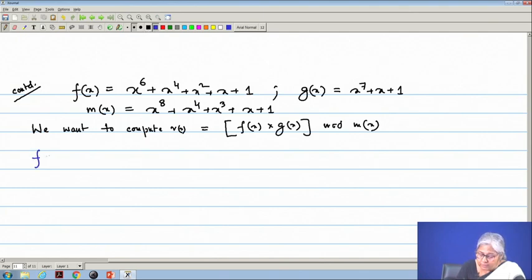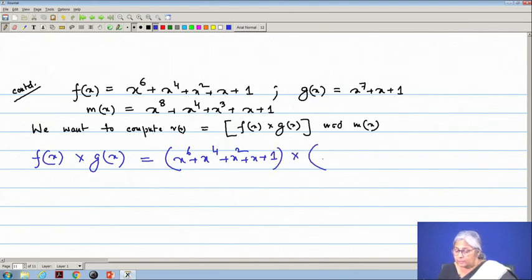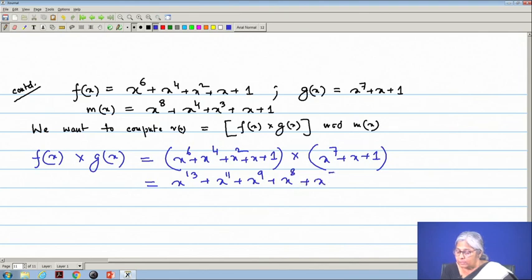So, we multiply f x into g x. f x is x to the power 6 plus x to the power 4 plus x square plus x plus 1, and g x is x to the power 7 plus x plus 1. If I just do the normal multiplication, x to the power 6 times x to the power 7 gives x to the power 13, then x to the power 11, x to the power 9, x to the power 8 plus x to the power 7.